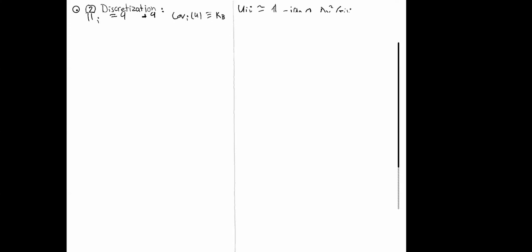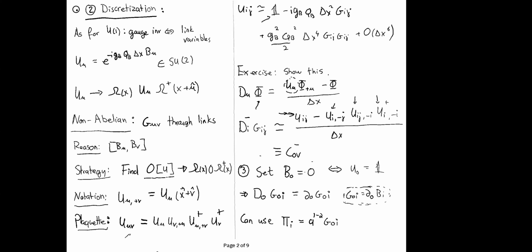This cov I of U is just a notation that I'm using to say that this is really the discretized version of the covariant derivative.